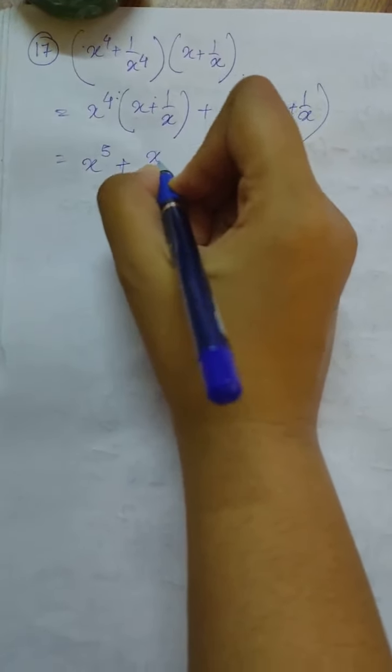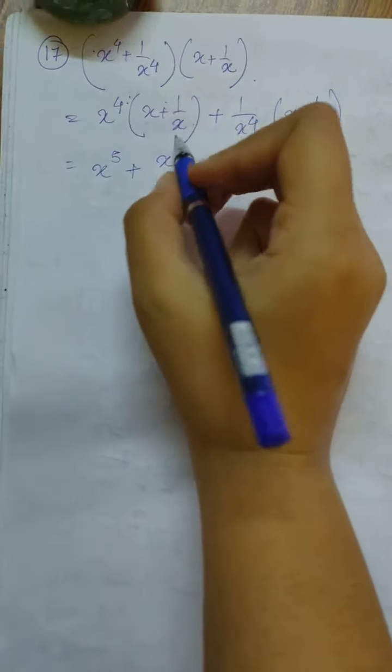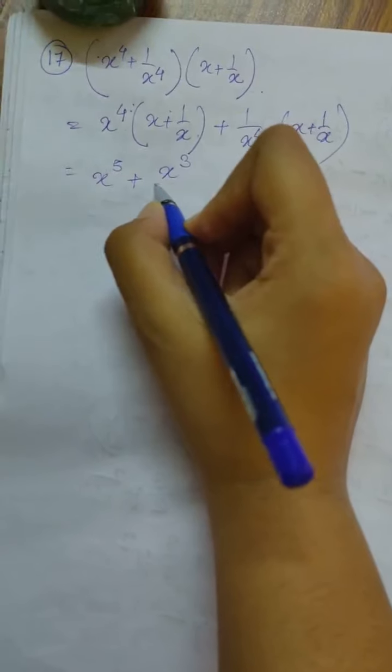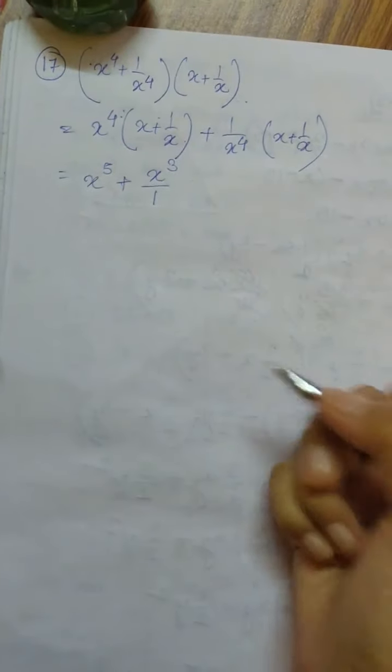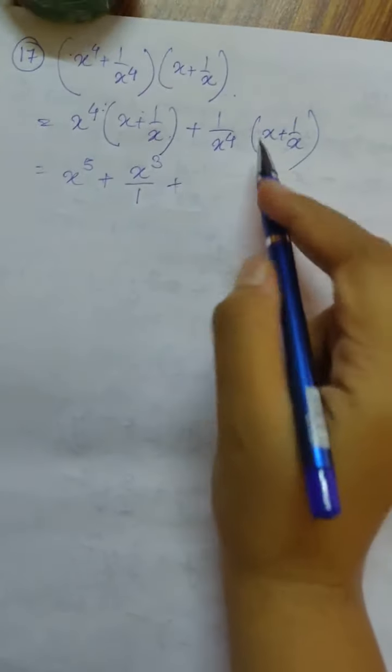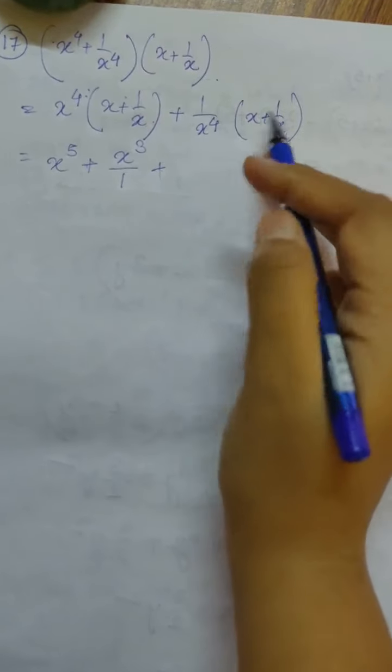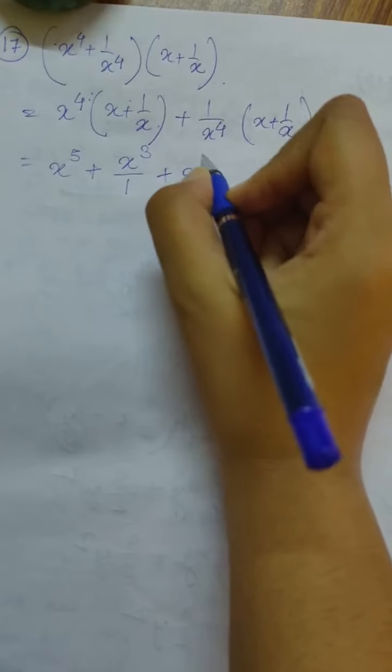So this will become x to the power 4 minus 1, 3. And nothing in the denominator, so denominator will become 1. Then plus, here we have x in the numerator and x to the power 4 in the denominator. So we can write it as x to the power 1 minus 4. So 1 minus 4 means minus 3.